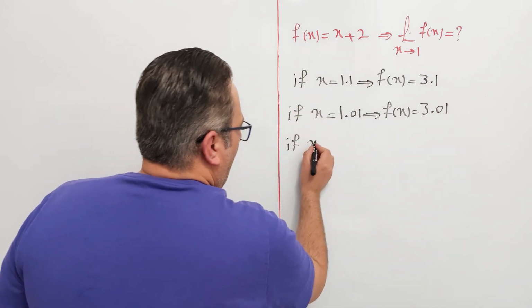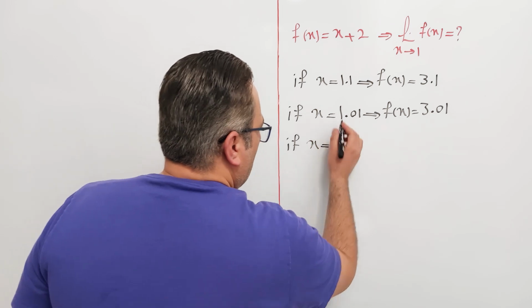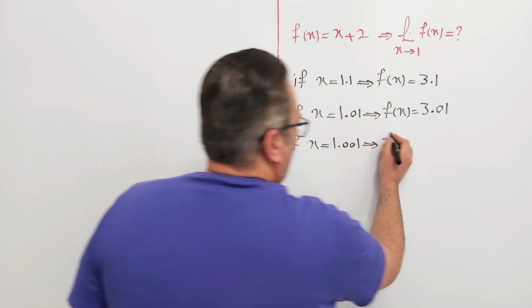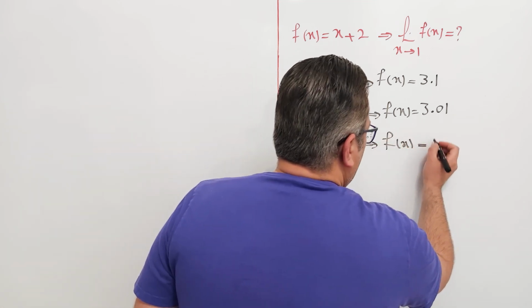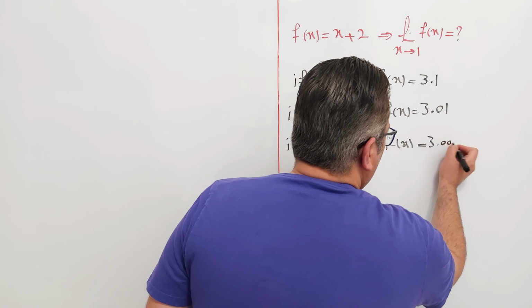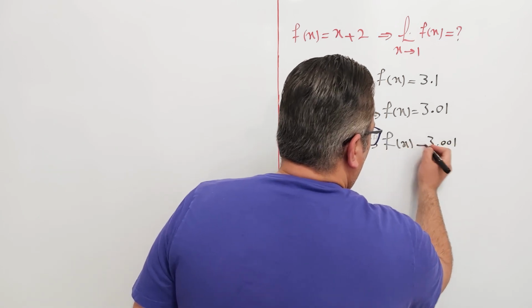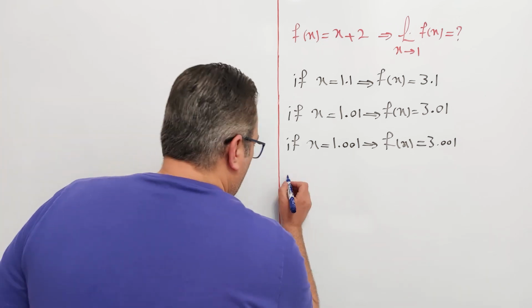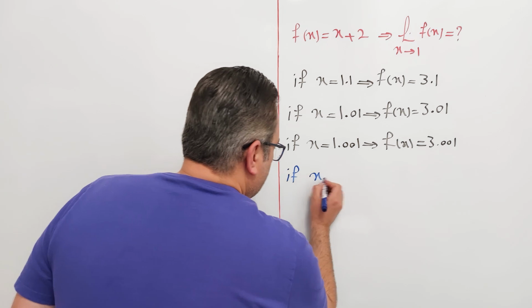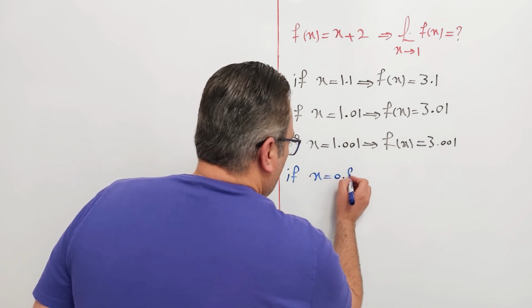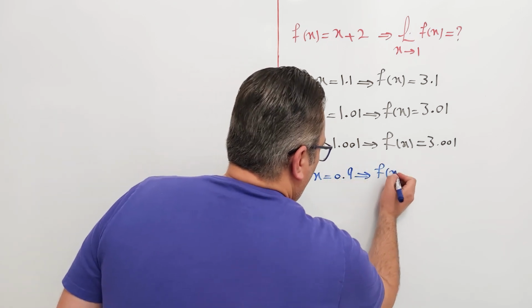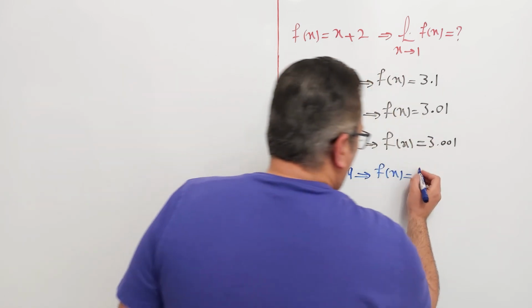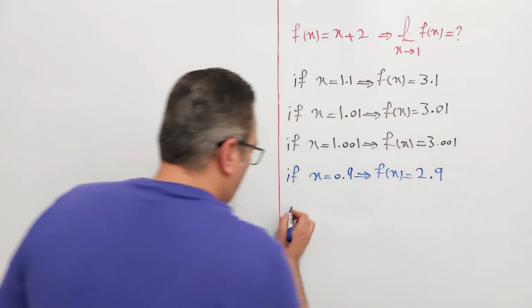If x = 1.001, then f(x) = 3.001. Okay, and from the other side, if x = 0.9, then f(x) = 0.9 + 2 = 2.9.